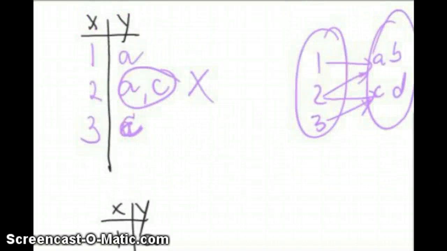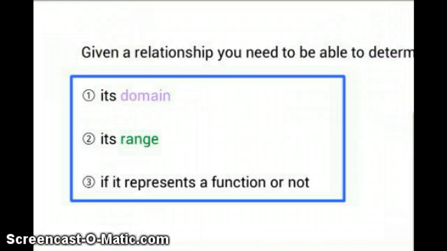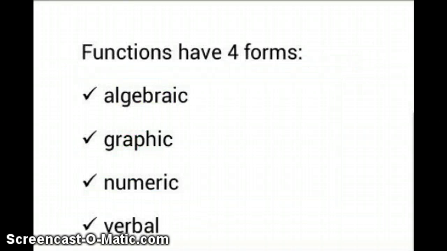Pay attention to that. So to recap, given a relationship, you need to be able to determine all the time its domain, its range, and whether it represents a function or not, based on the definition I gave you before. Functions have 4 forms: algebraic, graphic, numerical, and verbal.